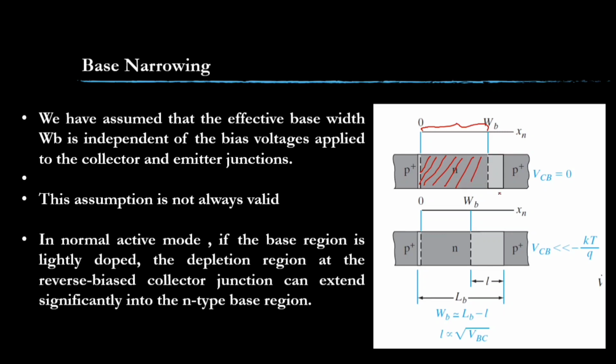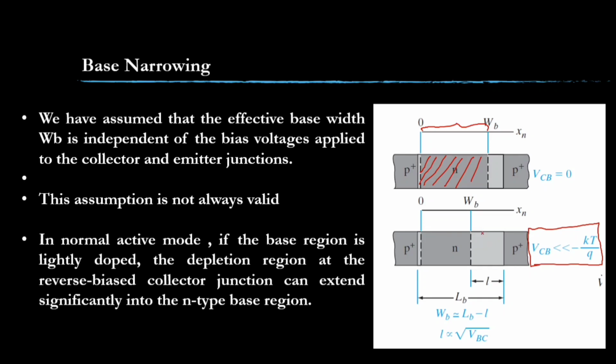So if I apply a reverse biasing condition like this, VCB, the collector to base voltage, far less than minus kT by q, what will happen here? That means we are increasing the reverse voltage. If I increase the reverse voltage, we know the depletion region is going to be large.